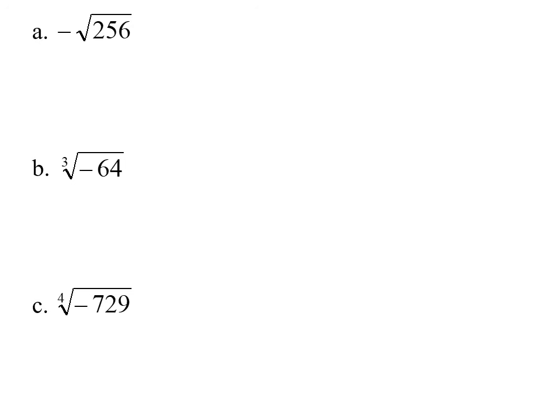So this first one is like that third situation. There's a negative on the outside. I have to do the square root of 256. Now, the square root of 256 is a perfect square. 256 is 16 times 16.